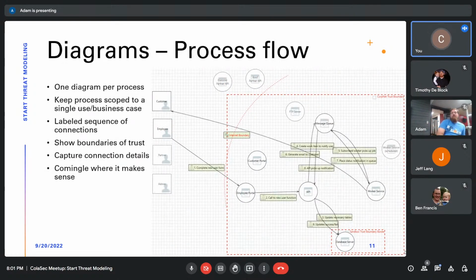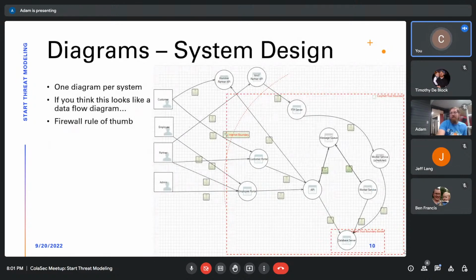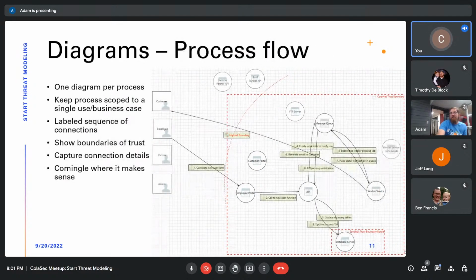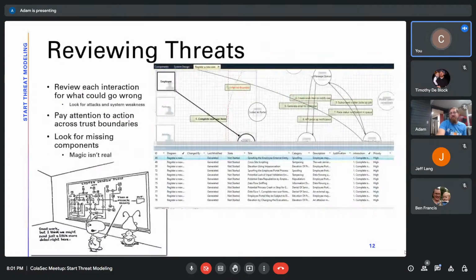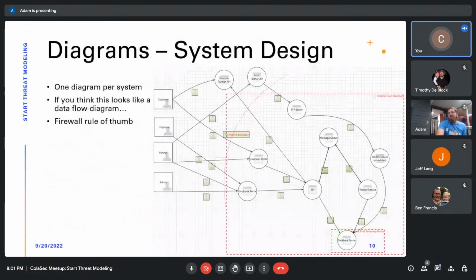Process flow. So here it looks a lot like the system diagram. There should not be anything in here that is wildly out of touch. One thing that is catching my attention now that I'm looking at this again: I have a connection from a worker service out to a customer. That doesn't show up here in my system diagram. That's a mistake. Whoops.